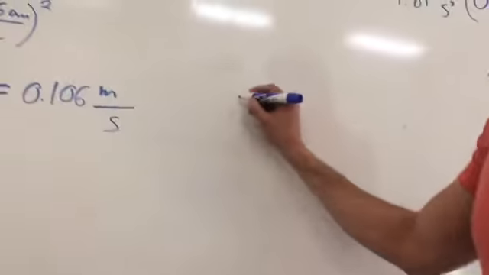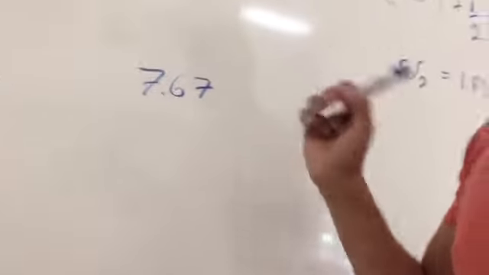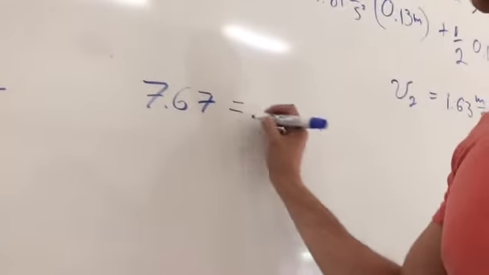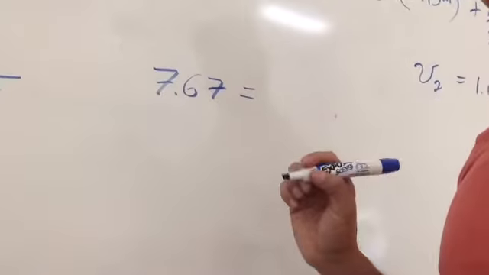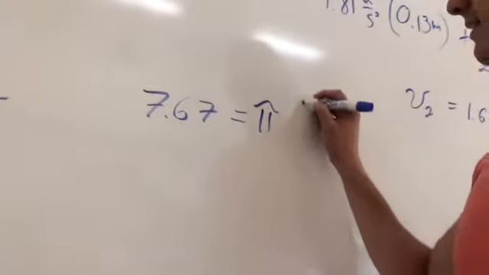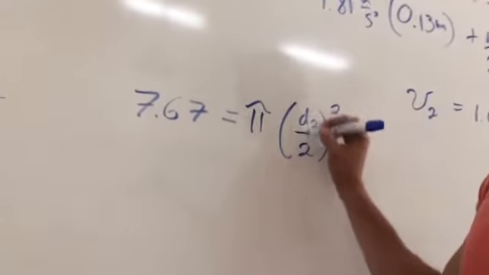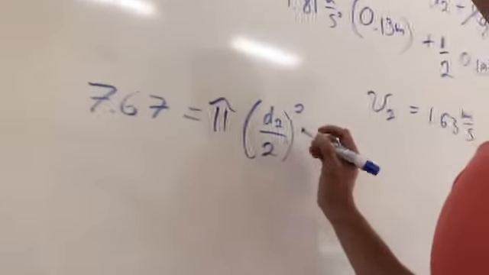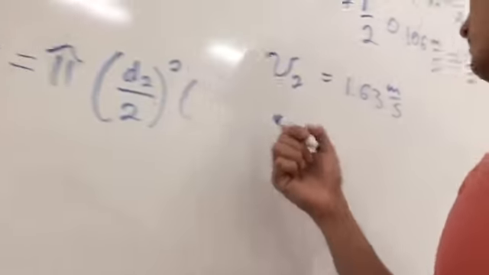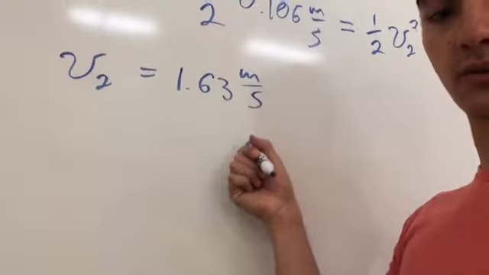Okay, so once we know the velocity 2, we can go back to the rate of flow, and we can write here that the rate of flow that was 7.67 centimeters cubed per second will be equal to the area of the second part of the problem, and the area will be pi times the diameter 2 over 2, this is the radius squared, times the v2 that we obtained here, that v2 is equal to 1.63 meters per second.